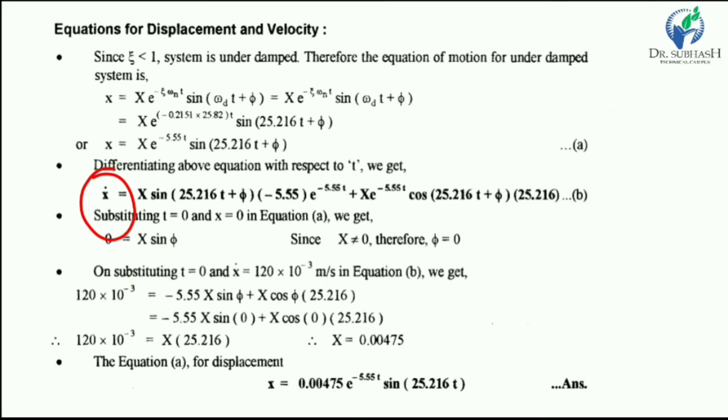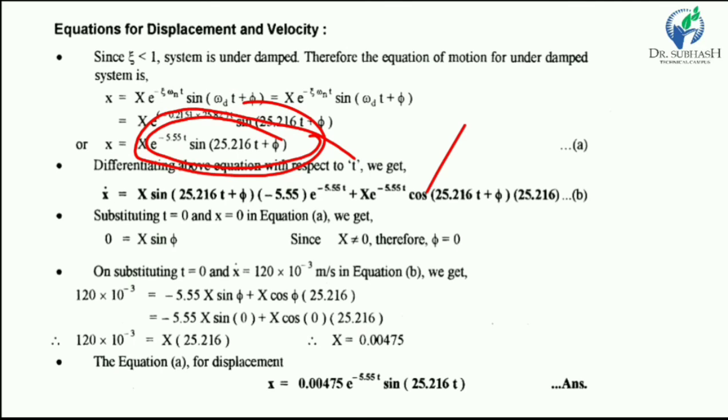X dot is dx by dt, so x dot defines the velocity. Now here X is a constant, but e raised to minus 5.55t and sine are both functions of t, so differentiate with both. The rule of differentiation for a multiplication is applied, and here the first one remains as it is.